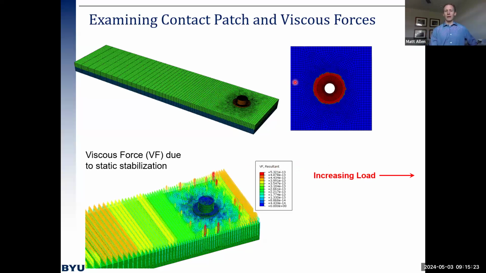What we eventually found is that the finite element solver uses viscous forces to stabilize the solution as it's iterating at each load increment. And those forces can easily become strong and overwhelm the forces that you get due to damping. So it took a lot of expertise and working on the solver and experimenting with things before we got results that were really believable, and eventually got results that could match experiments a couple more years later.